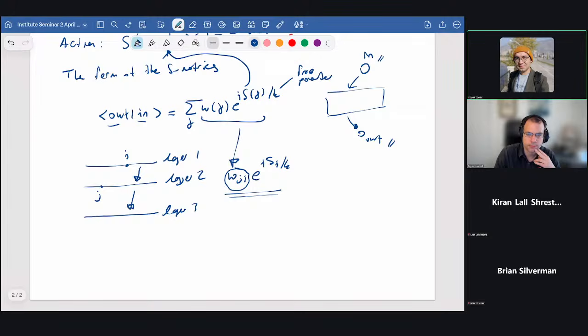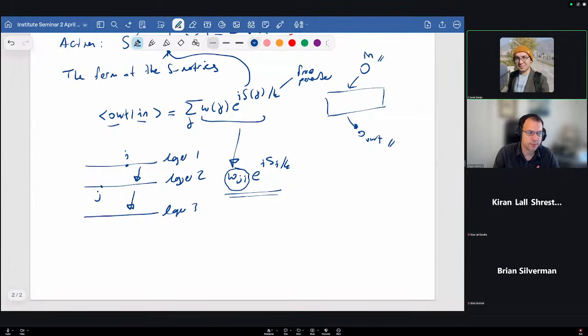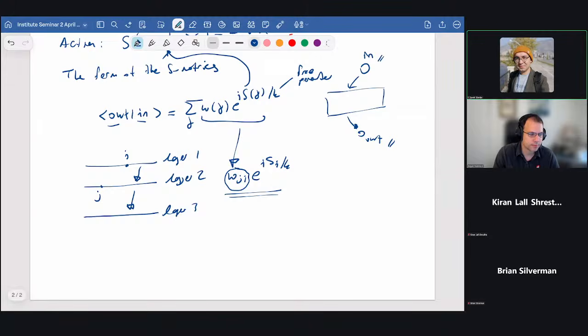Suppose that S composites with the matrix of corresponding S matrices for adjacent layers. That brings out some condition on these pathways.